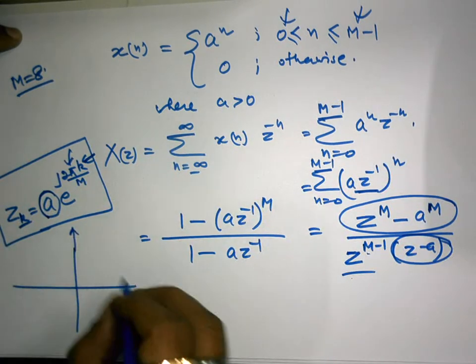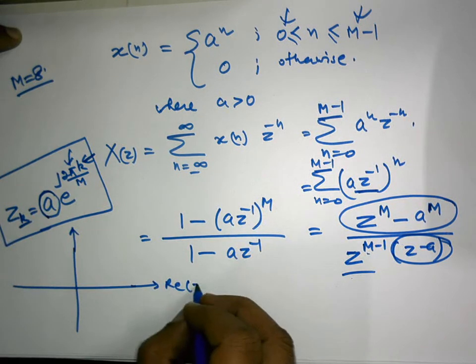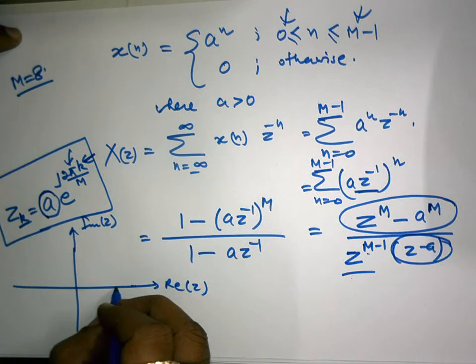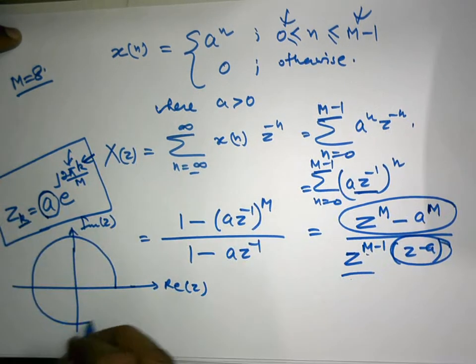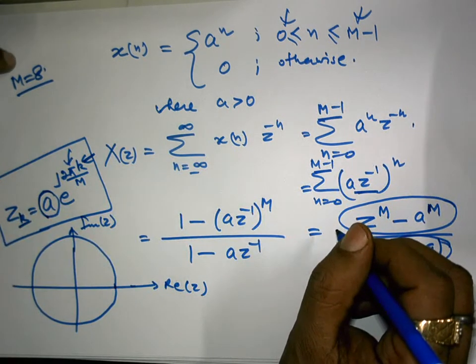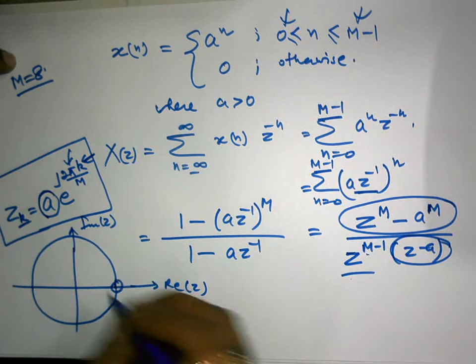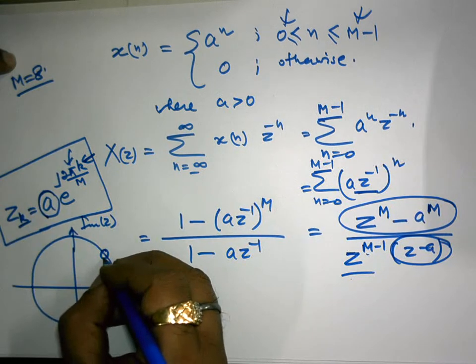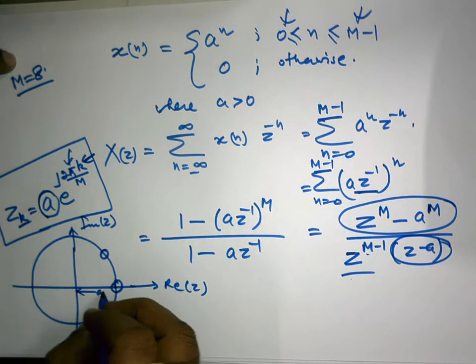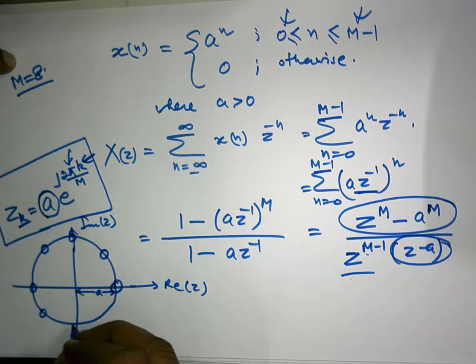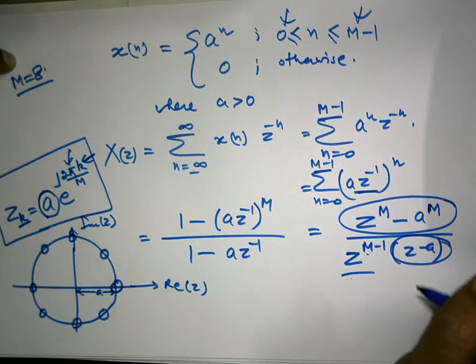If you see, this is the real z and this is imaginary z, and this is a circle having radius a. Just imagining that M equals 8, it will have 8 zeros. Very first zero, second zero, this is also occurring at distance a, and third zero, fourth zero, fifth zero, sixth zero, seventh zero and eighth zero. Okay.